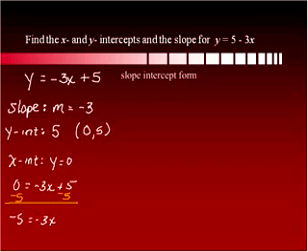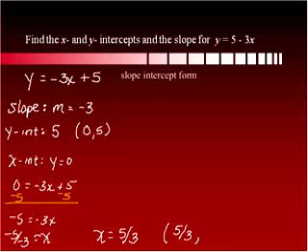Divide both sides by negative 3, and you get x equal to negative 5 over negative 3. Now, 2 negatives will give us a positive, so we want to make sure that we finish by making it a positive 5/3. So our x-intercept is at 5/3, or we could write it as the point 5/3, 0 for our x-intercept.